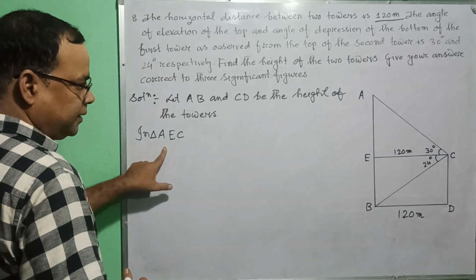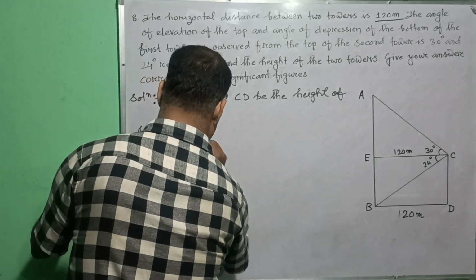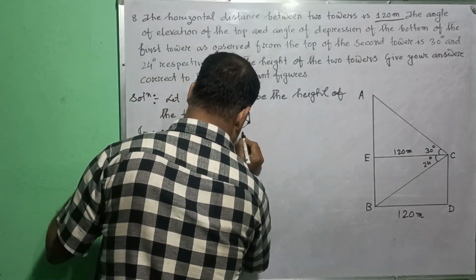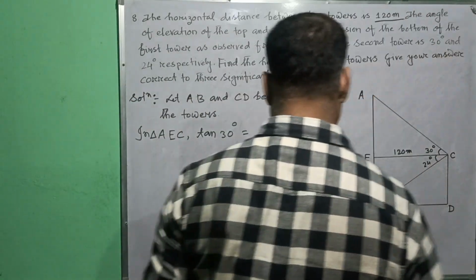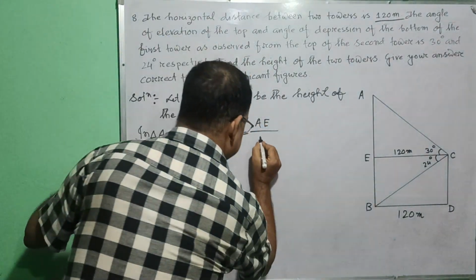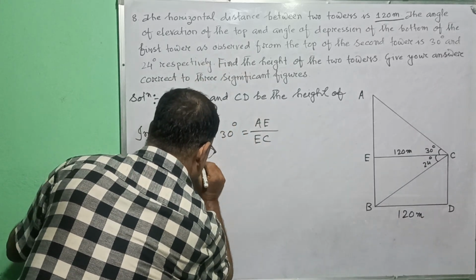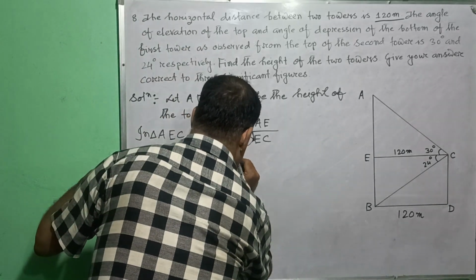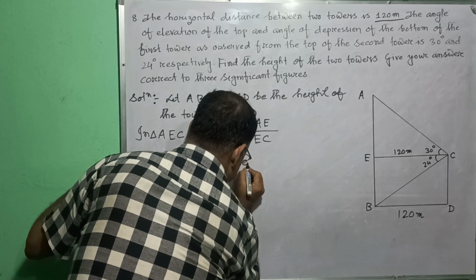So in triangle AEC, if we apply tan 30 degree, tan 30 degree equal to AE by EC. This implies tan 30 degree equal to 1 by root 3 equal to AE by EC equal to AE by 120.